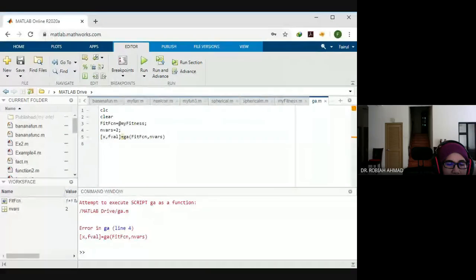So the error is at GA. Can we take a look at your function?